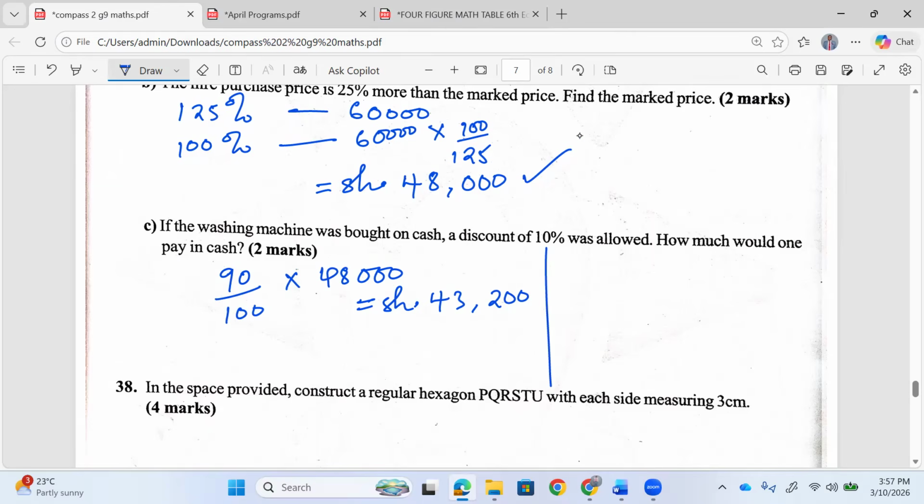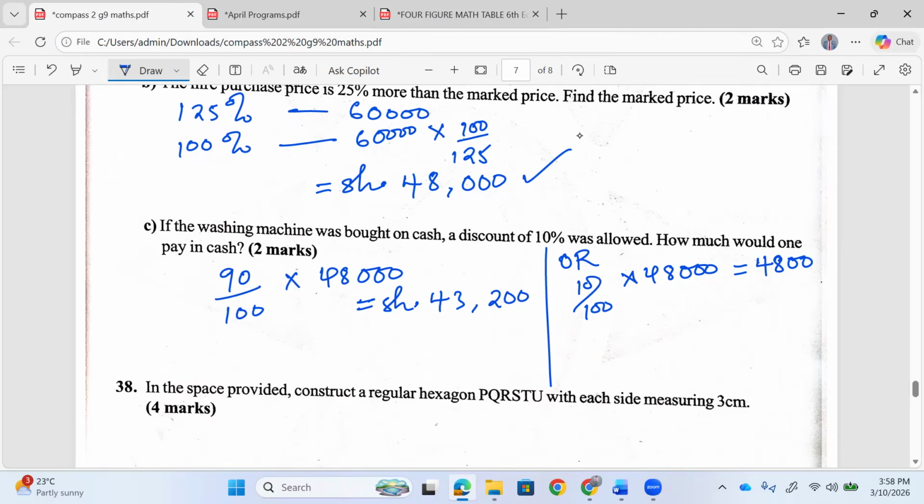Again, we're supposed to know that this can be done in an alternative way. What is 10% of 48,000? That becomes the discount. The discount is equal to, is it 4,800? That is the discount itself. 10% of the cash price becomes the discount.